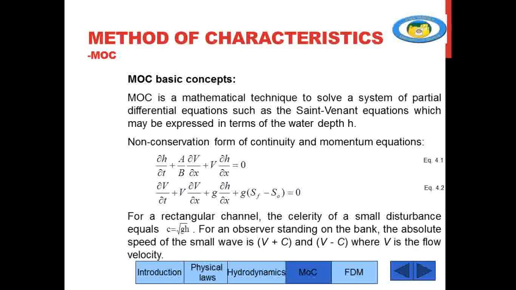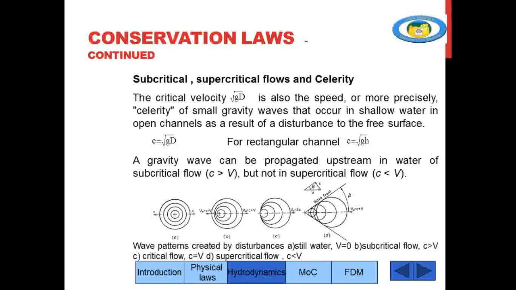If the velocity is very small, then definitely the wave may have a chance to move upstream, which is very typical in subcritical flows. I remember we were talking about the different possibilities for the travel of the disturbance.